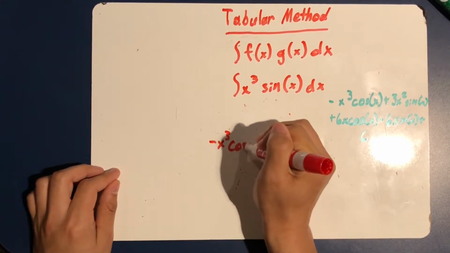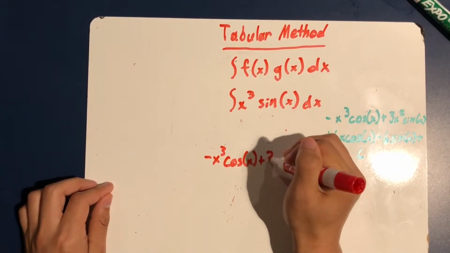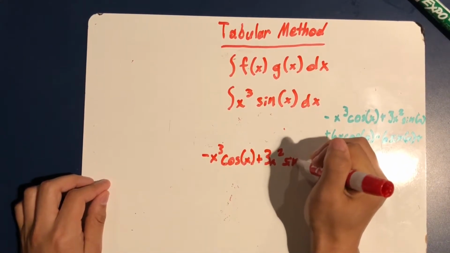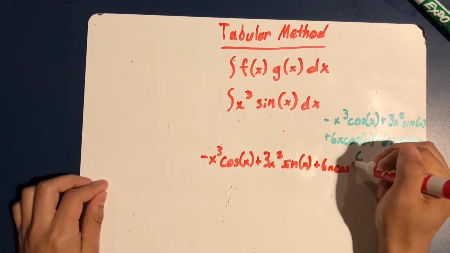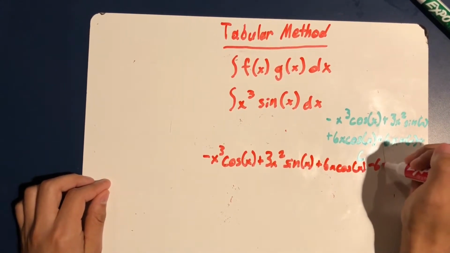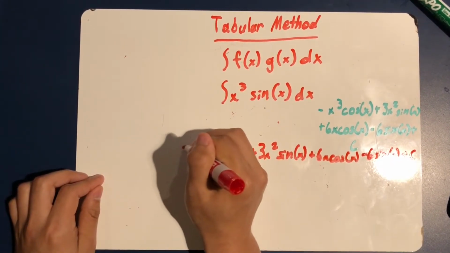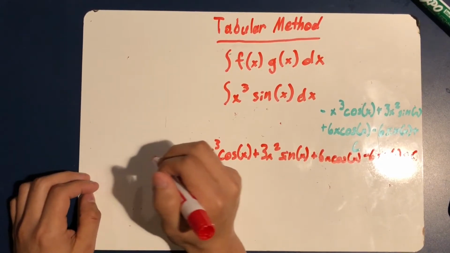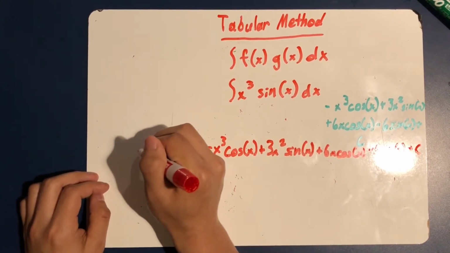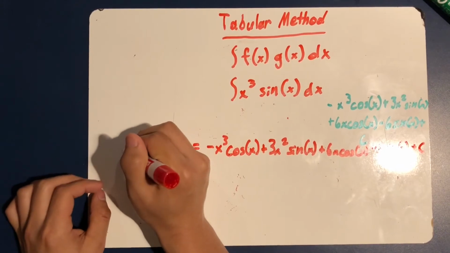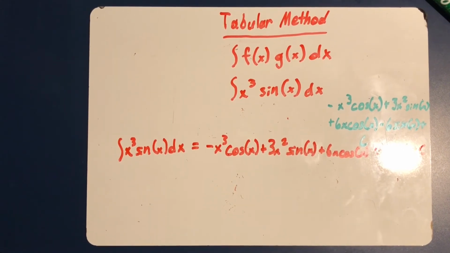So the integration by parts of the integral x cubed times sine of x dx will be negative x cubed cosine x plus 3x squared sine x plus 6x cosine x minus 6 sine x plus the constant. This is how we integrate by parts using the tabular method.